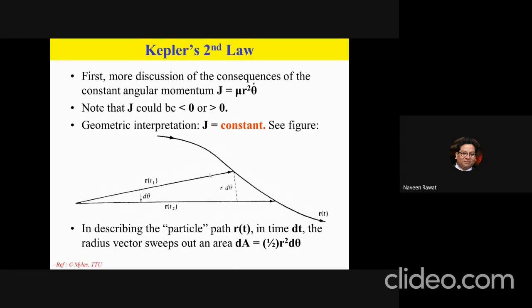If I look at the area that a certain planet is covering, I can write it as one half times the radial component r squared times the angle it covers in a certain time, which is d theta. Let's say the time we are considering is some time dt.